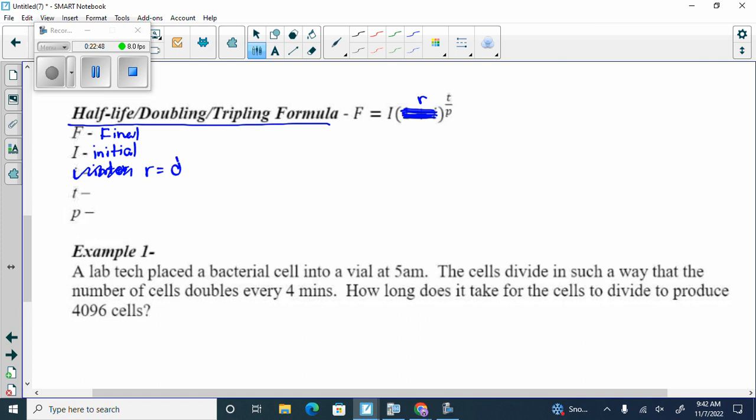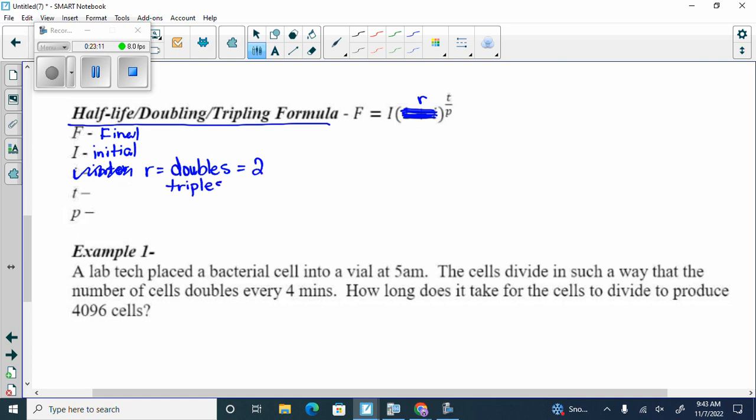So if it says doubles, what would R be? Remember, 100% is normal. So if it doubles, what would it become now? 200%. And what's that in decimal form? 2. So that's why R is 2. If it triples, it wouldn't be 100% anymore.